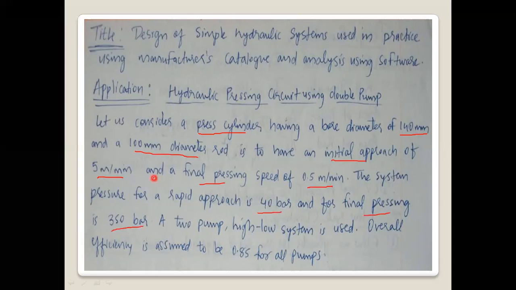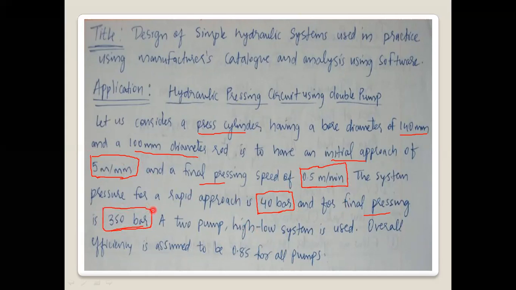So for 5 meter per minute, that is the rapid approach, the pressure is 40 bar. For the final pressing, the speed is 0.5 meter per minute and the pressure is 350 bar.